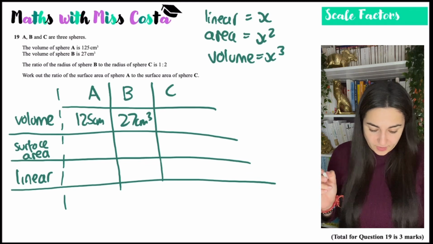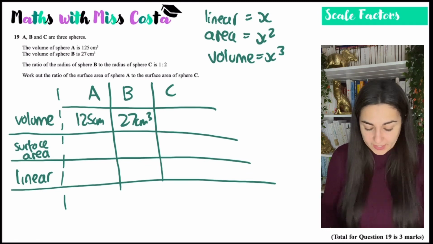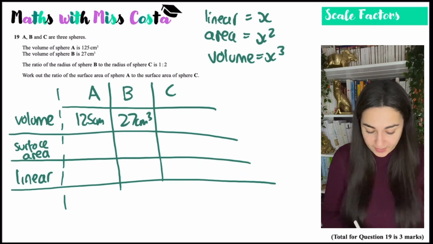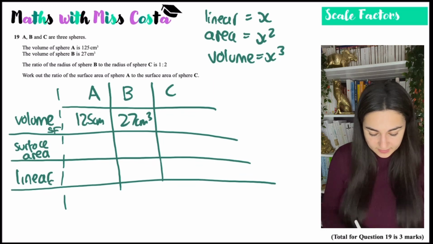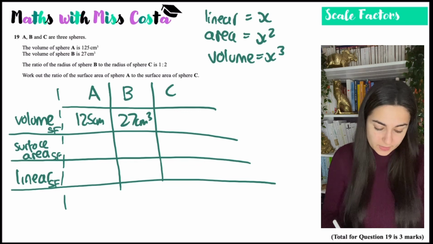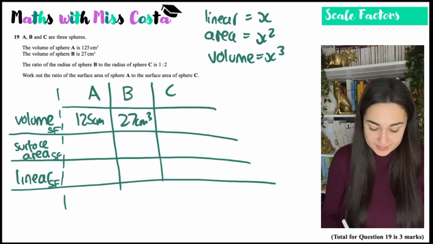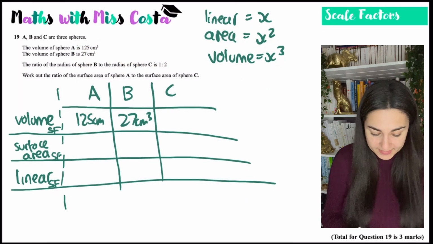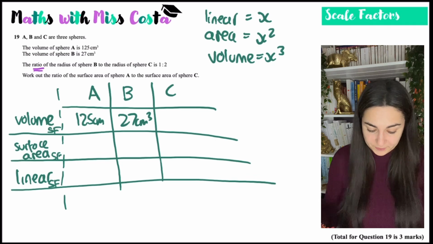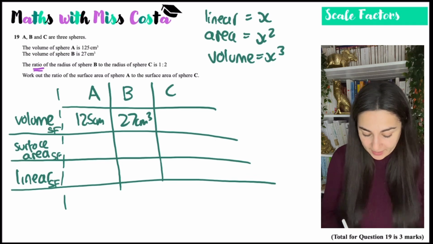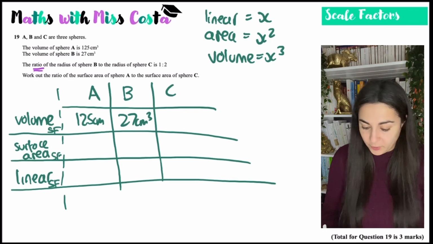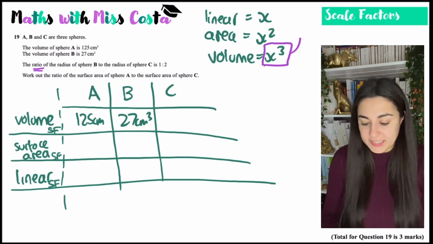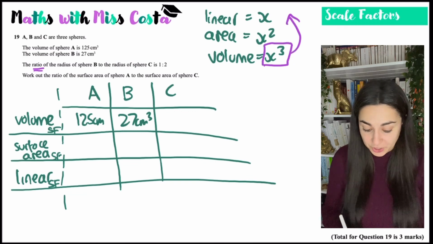So I can do some working out here. So I know the volume scale factor. The volume of sphere A is 125 centimeters cubed. So what I can do is work out the linear scale factor, because we're talking about ratios. Well, the volume scale factor would be x cubed. So to get the linear scale factor, I would need to cube root it.